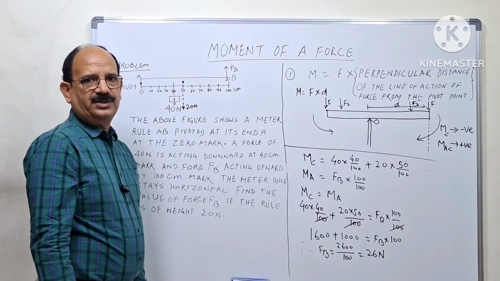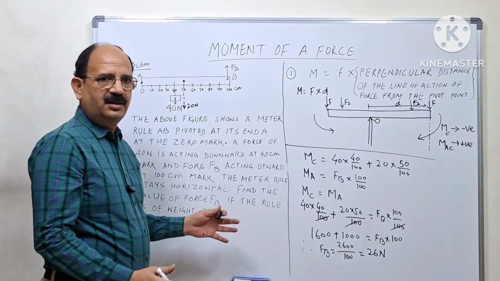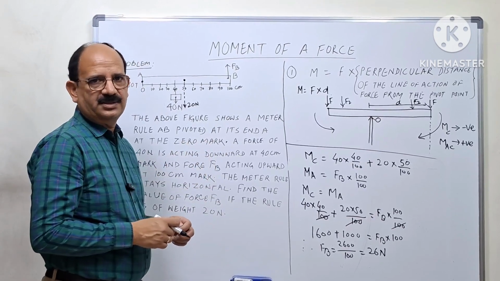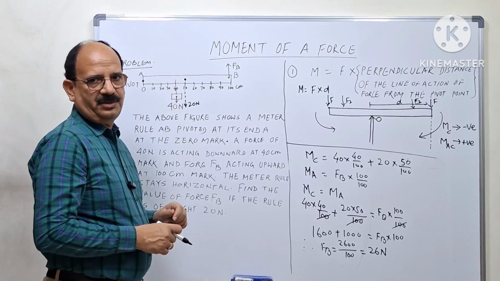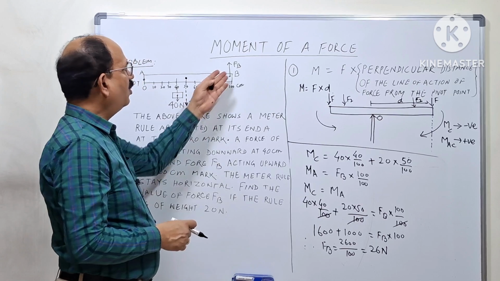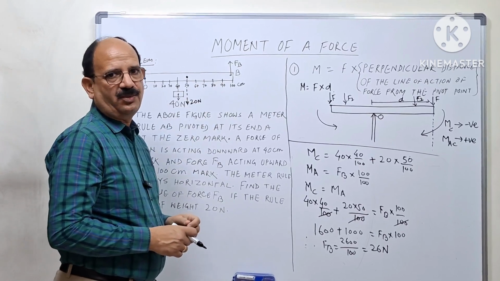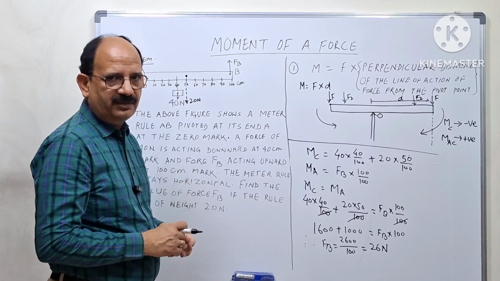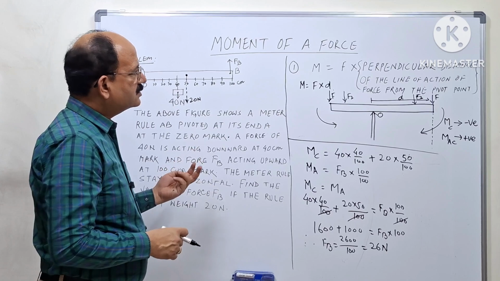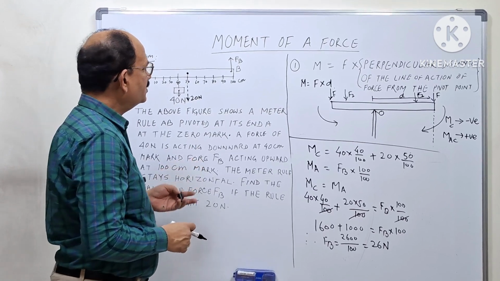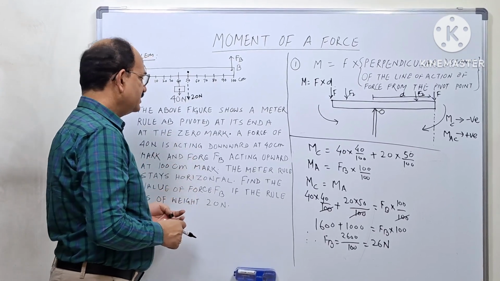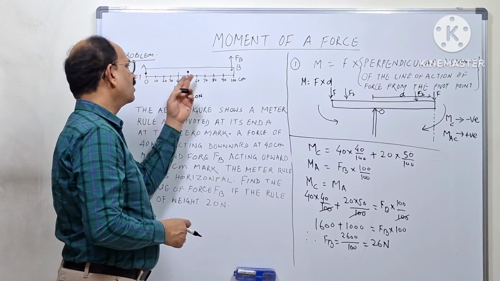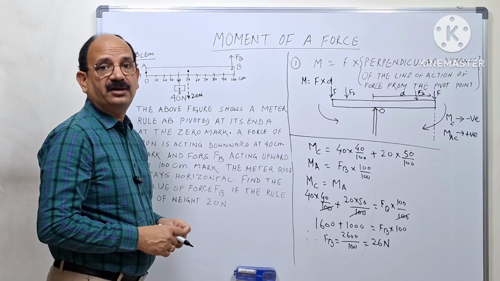So with this example, it is clear that using the principle of moments for equilibrium condition, you can find the unknown force and its value. Now let's consider a situation where the problem says to assume that this meter rule has no weight.